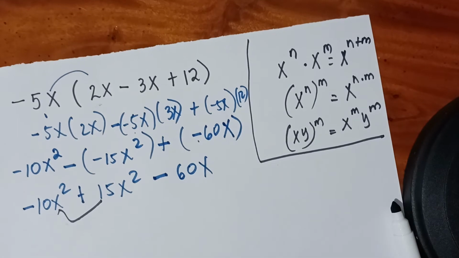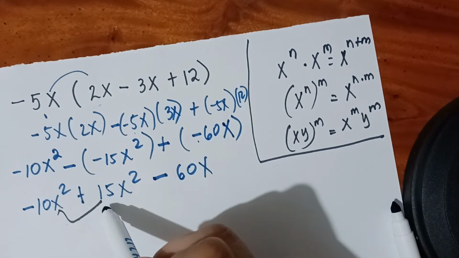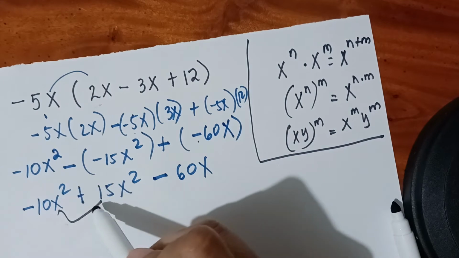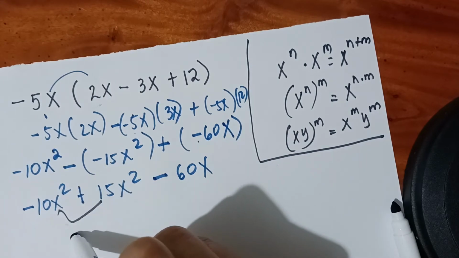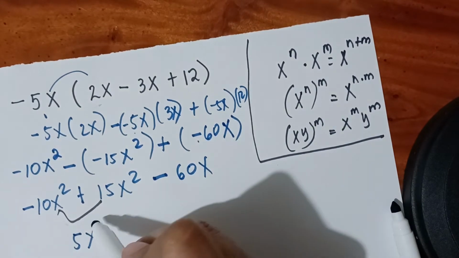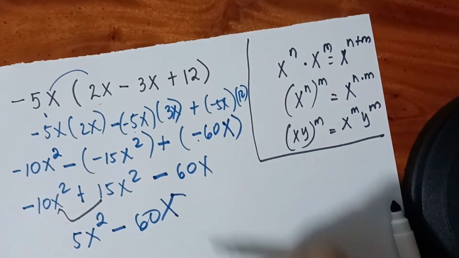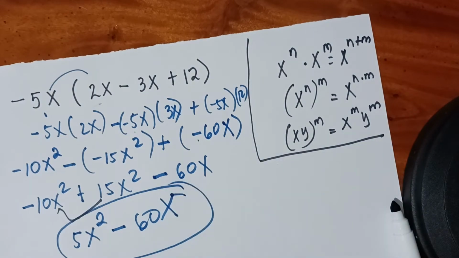So kapag i-combine natin yung like terms, magiging negative 10, positive 15, ang unlike signs, susubtract natin. At since yung 15 has a bigger number and it is positive, so magiging 5x squared siya, positive, minus 60x. Okay, so this is the answer.